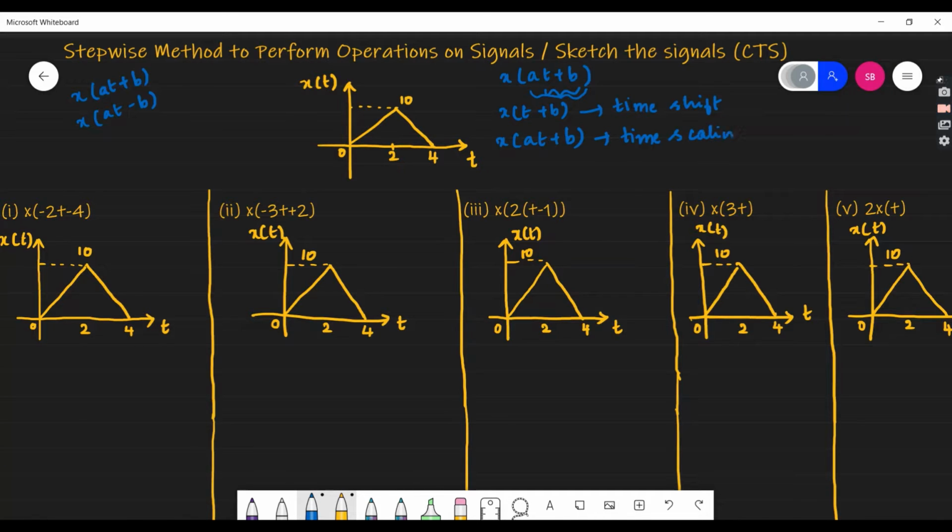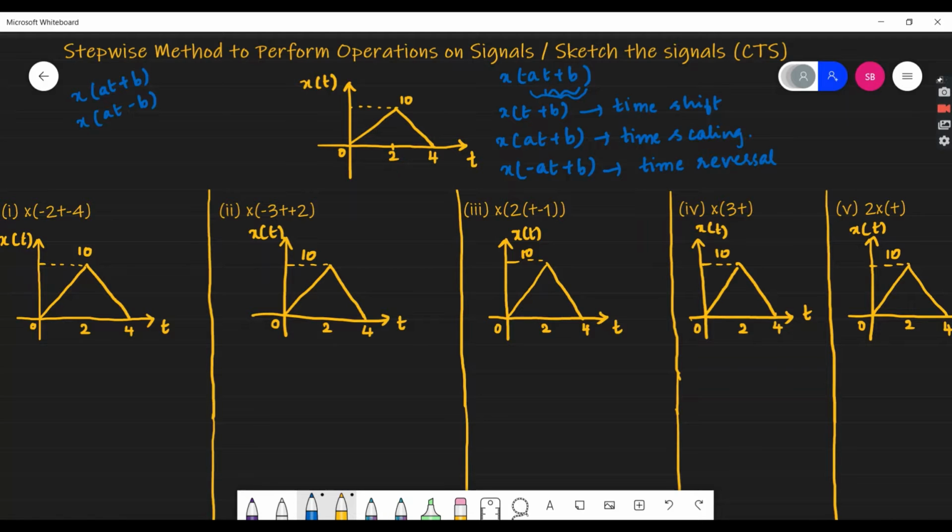Suppose I had x of minus at plus b. The minus sign on the time variable corresponds to an operation called time reversal.